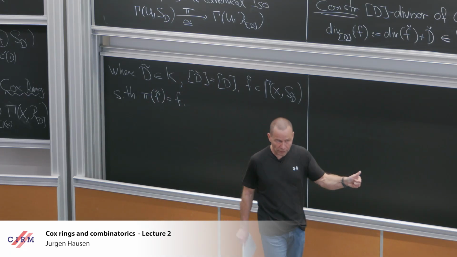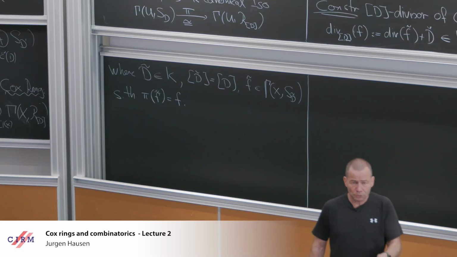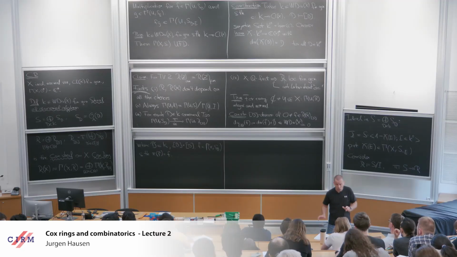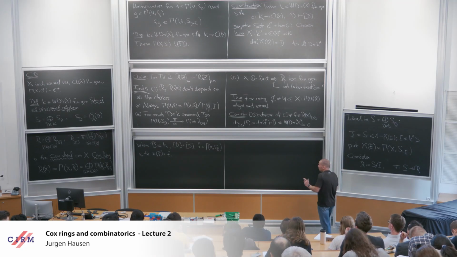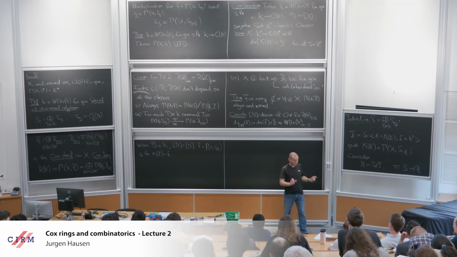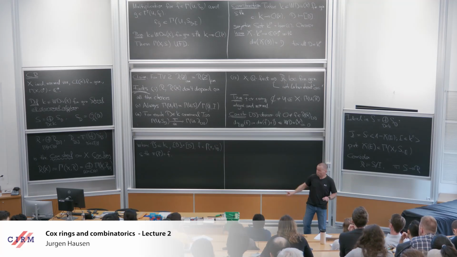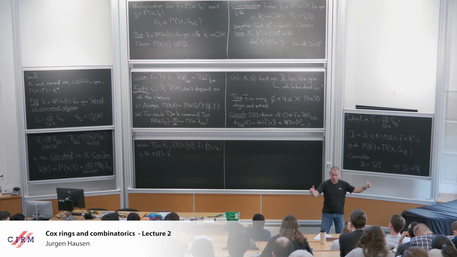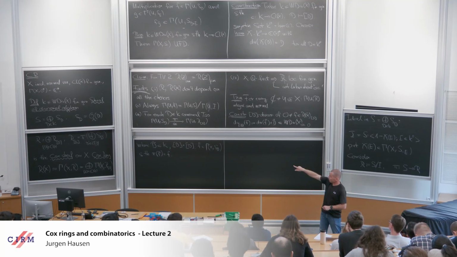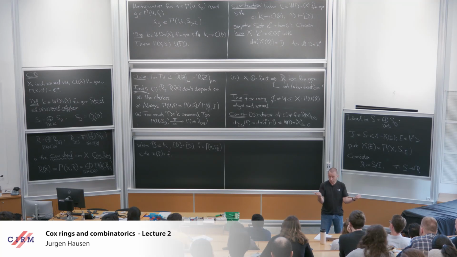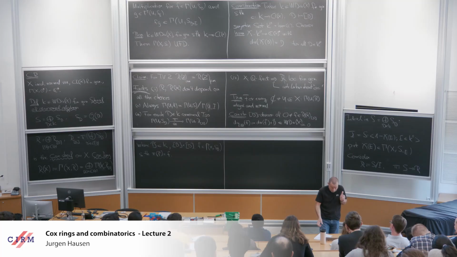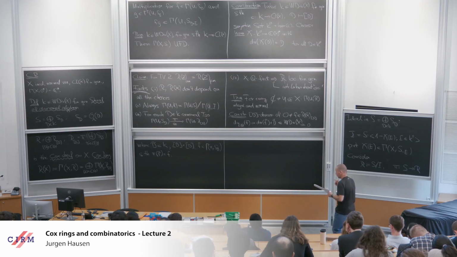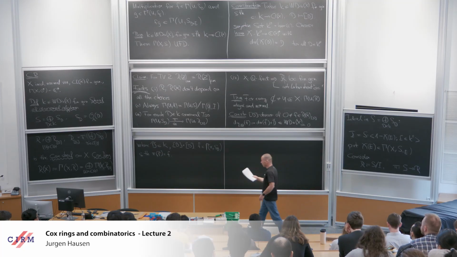There's a unique one, and again you have to show that it doesn't depend on all the choices made in this construction. If you compare another f tilde with the old f tilde, the difference is exactly in our ideal which we mod out. We see this directly, so it is also not dependent on the choices.